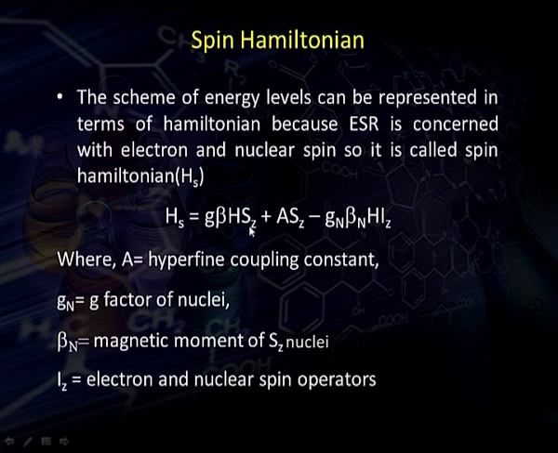gn is the g factor of the nuclei, that is the gyromagnetic ratio of the nuclei. Beta n is the magnetic moment of the nuclei, and H is the applied magnetic field, Iz is the nuclear spin operator. The first term is the energy of interaction of the magnetic moment of the odd electron with the field.